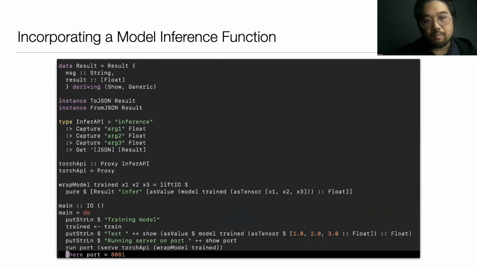So pulling that all together, once you load a model, you can use it like in any standard API. Here's an example using Servant to stand up a web API, and then calling out to Hasktorch to run the model inference on some parameters that are specified through the API interface.